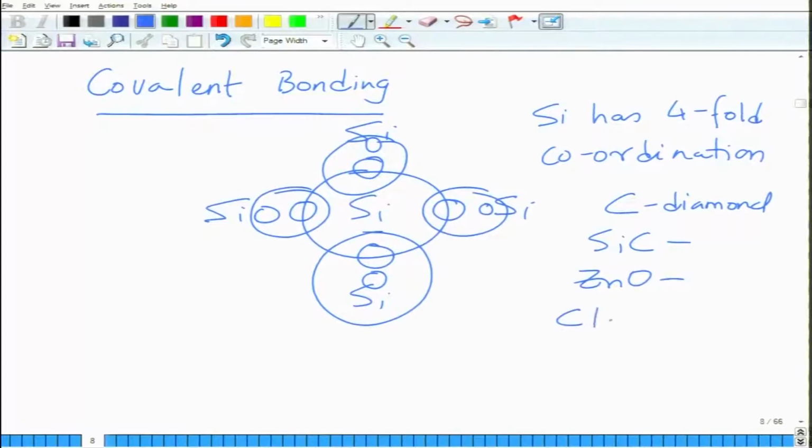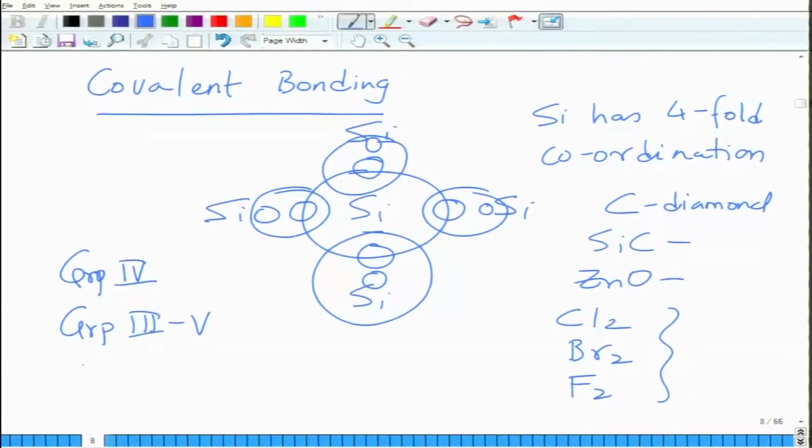Gases such as Cl2, Br2, F2, all of them tend to be covalently bonded. In terms of materials, group 4 elements, group 3-5 semiconductors and group 2-6 semiconductors tend to have very strong covalent character.